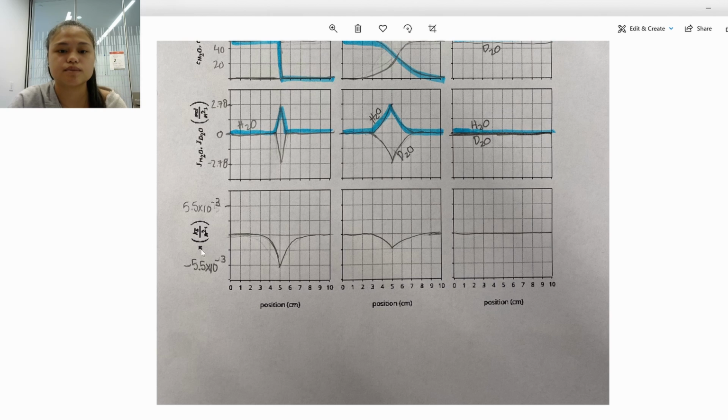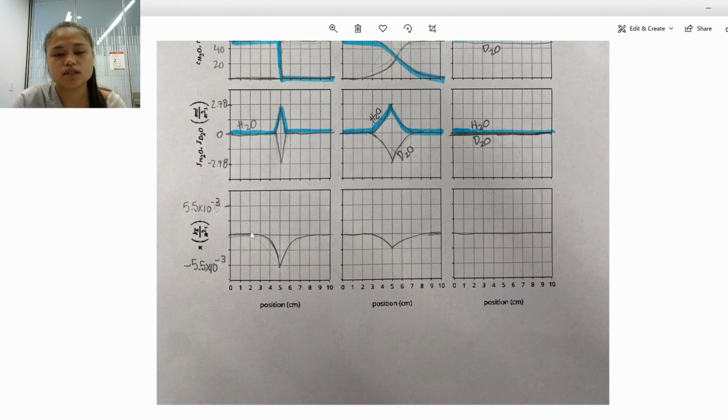And then down here we're going to be talking about the mass diffusive flux, the mass flux, excuse me. We found these values in the first problem, and the net mass diffusive flux for this problem was negative 5.5 times 10 to the negative 3 kilograms per meter squared per second.